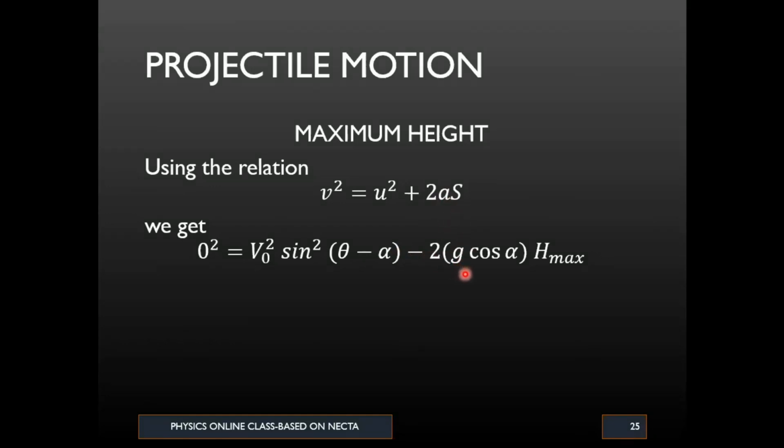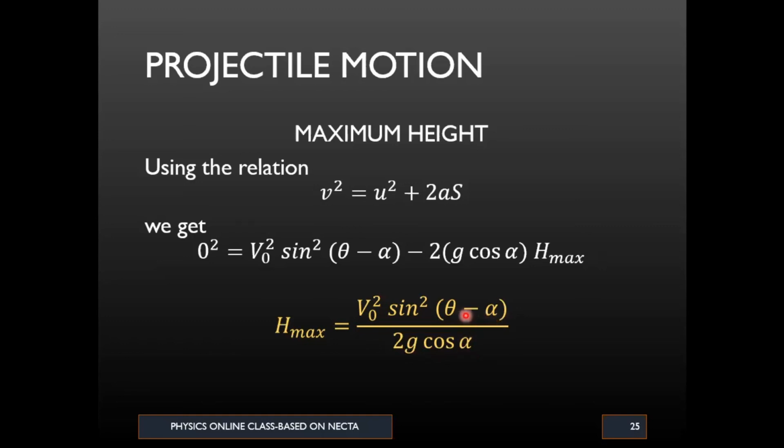Here we are going to put g cos of alpha, multiplied by S, which represents maximum height, the vertical distance. Now, making maximum height the subject, we get V naught squared sine squared of theta minus alpha, divided by 2 g cos of alpha.